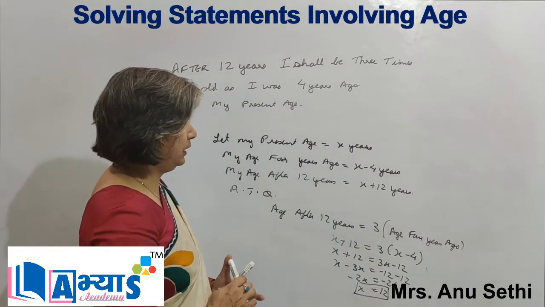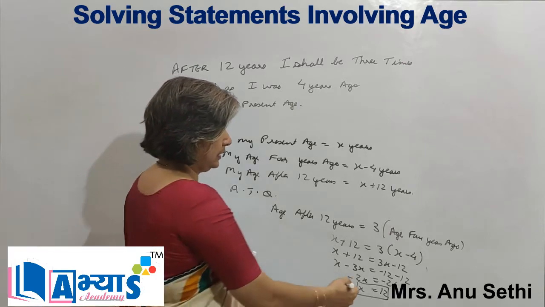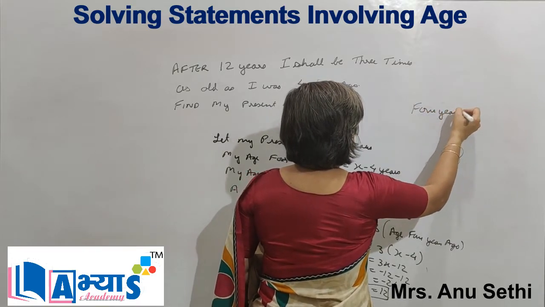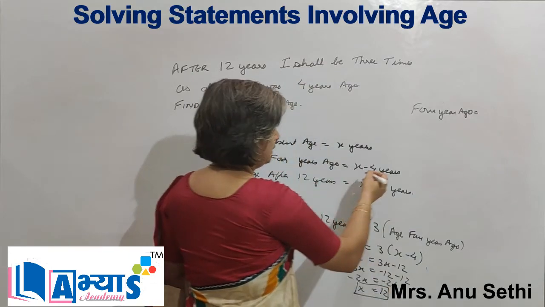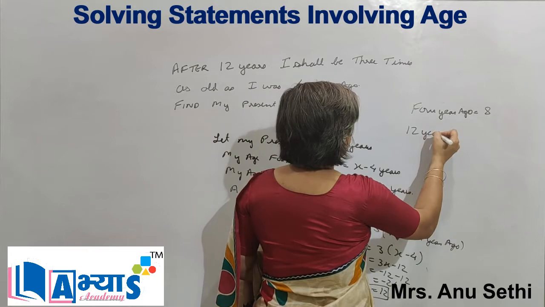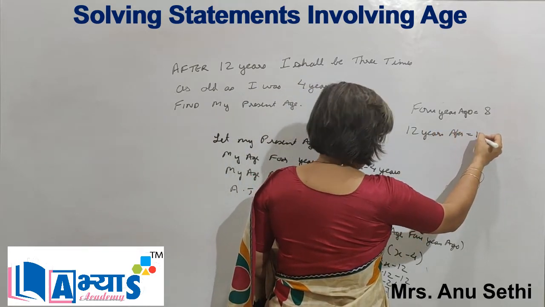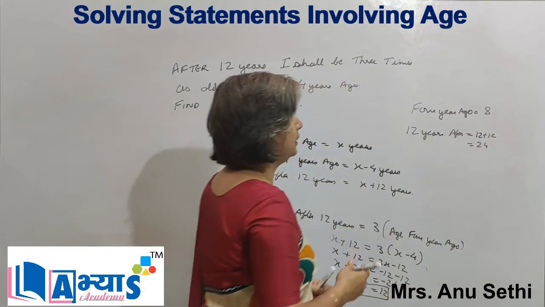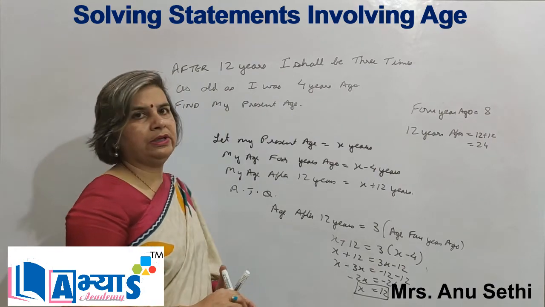To verify the relation, let us put in the value. If my present age is 12, 4 years ago the age was 12 minus 4, that is 8, and 12 years after it will be 12 plus 12, that is 24, and the relation has been justified because 24 is equal to 3 times 8.